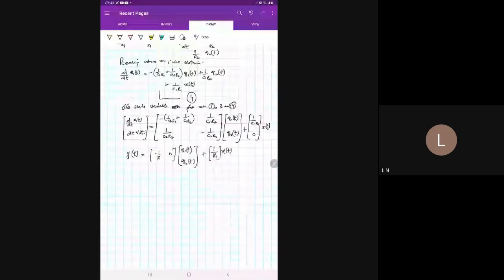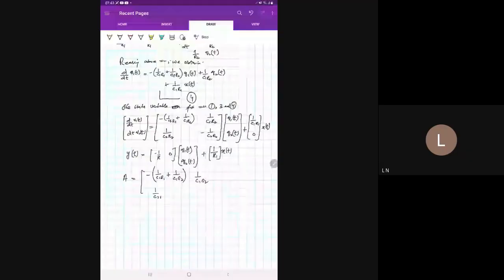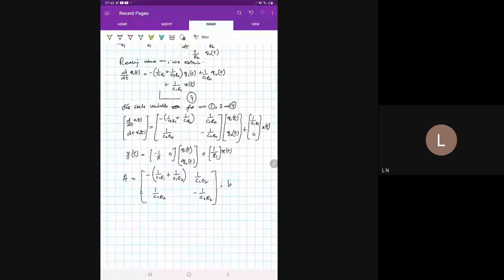So we can see the matrix A is the matrix we wrote above. Vector B is equal to 1 by C1 R1 and 0.